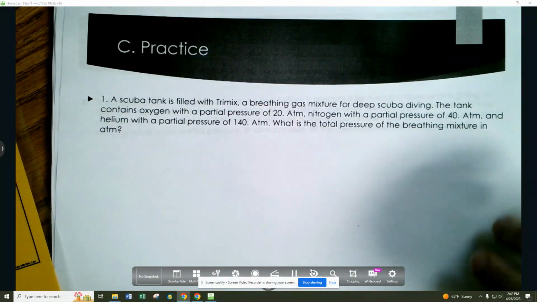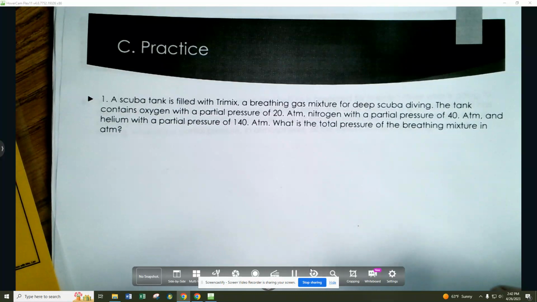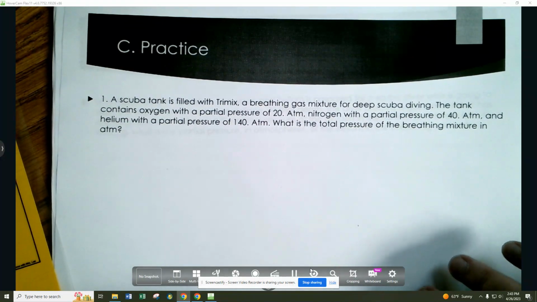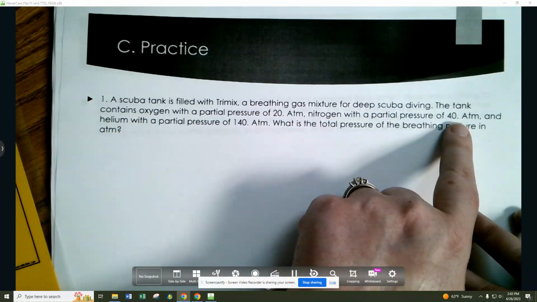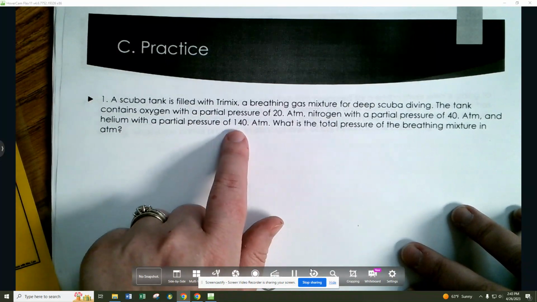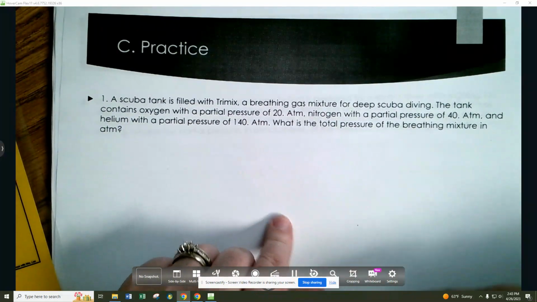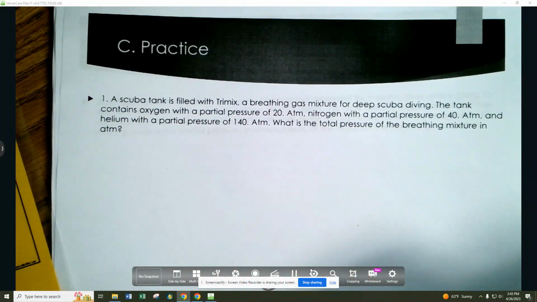Like I just mentioned, scuba tanks are usually a mixture, and this one is filled with trimix. As the name implies, it's a combination of gases: oxygen is exerting a pressure of 20 atmospheres, nitrogen has a pressure of 40, and helium is 140 atm. Here it's just asking what is the total pressure.